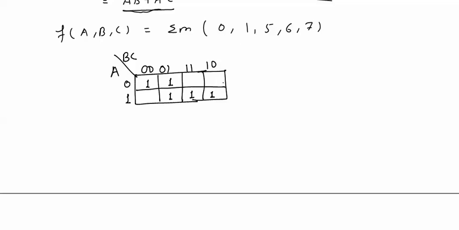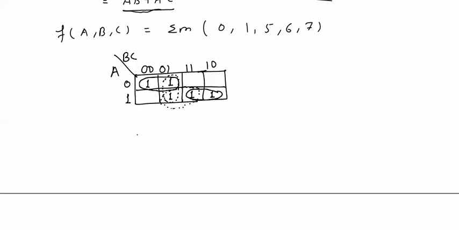Now we'll start the pairing. First, this will be paired. Again, this will be paired. Now, one single 1 remains. We can have pairing of these two, and we can also have pairing of these two, but only one of them.